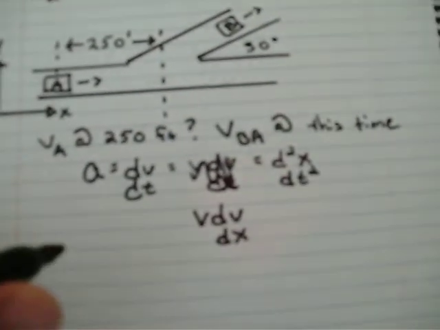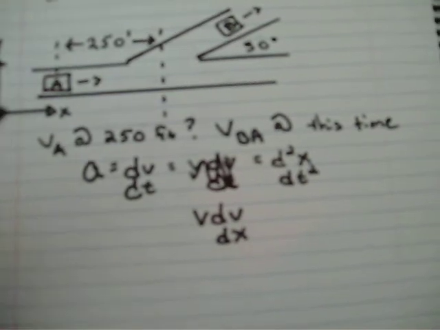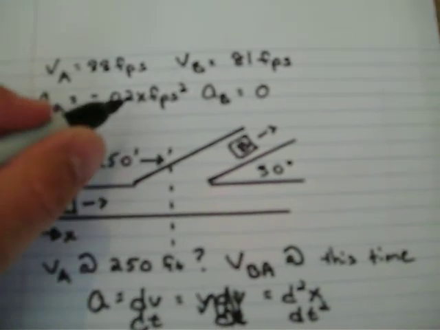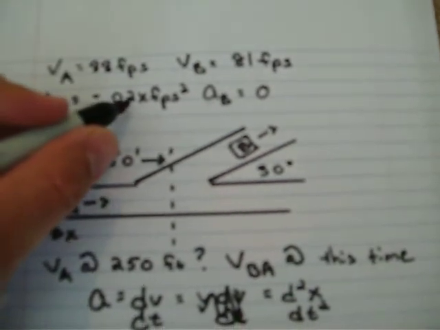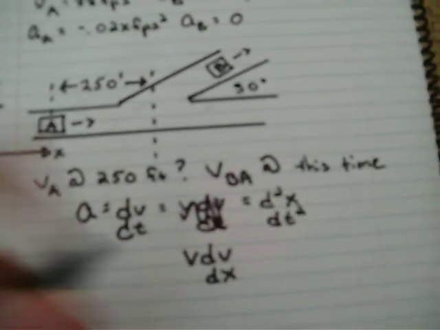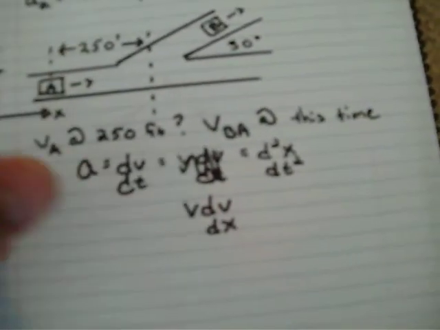Of these three acceleration equations, only one of them is going to allow us to separate variables and integrate with respect to position. Here, the deceleration is a function of position. v dv/dx will be able to give us the answer that we need.